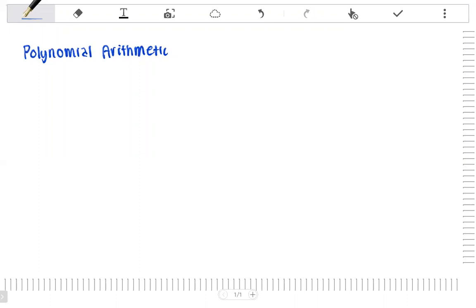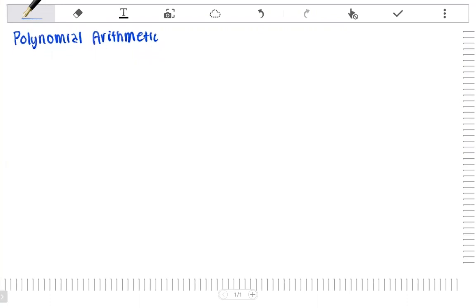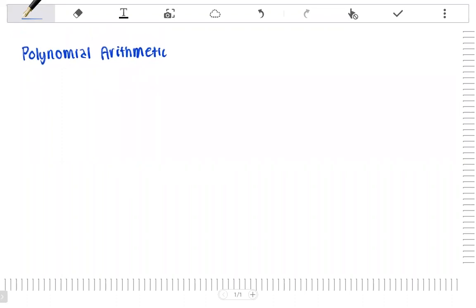So polynomial arithmetic, it's pretty easy, I think, in my opinion. Okay. Polynomial, poly means many, nomial means terms.